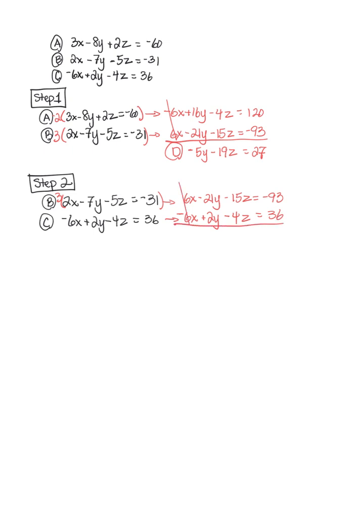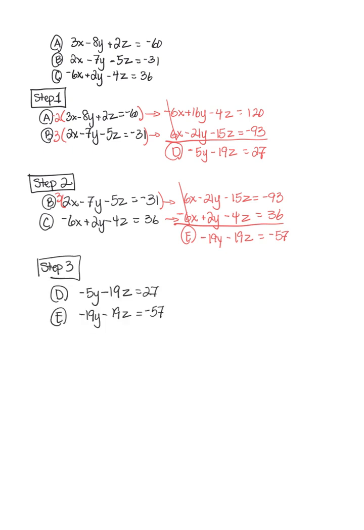Let's add like terms, those are gone. So for my equation E, I have negative 19y minus 19z equals negative 57. And you can see, let's just take a moment and compare y, y, z, z. So step one, step two, same thing. Group two together, get it down to 2 variables, group 2 different ones together, get it down to 2 variables.